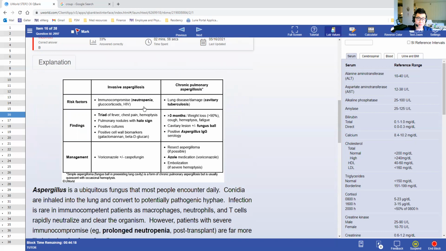Huh. Oh, and this is invasive aspergillosis too. So I think I might have gotten it confused with chronic pulmonary aspergillosis and chronic bronchiectasis and such.